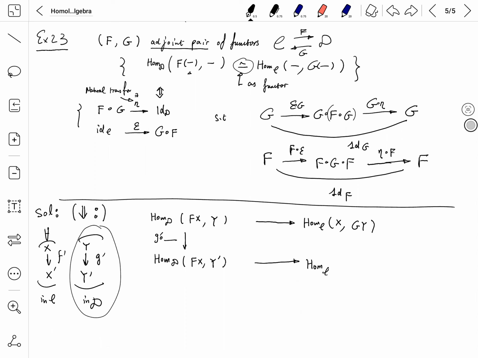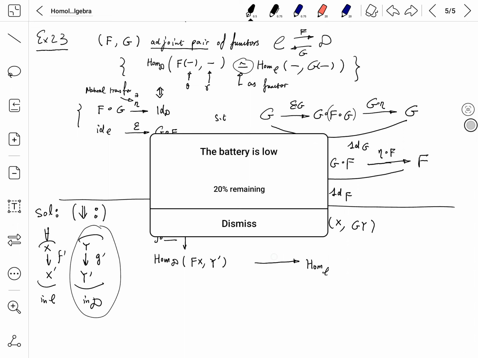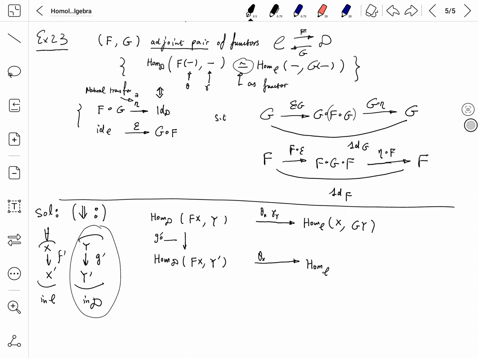Maybe I could call this theta x, gamma y, and this is theta x, gamma y prime.